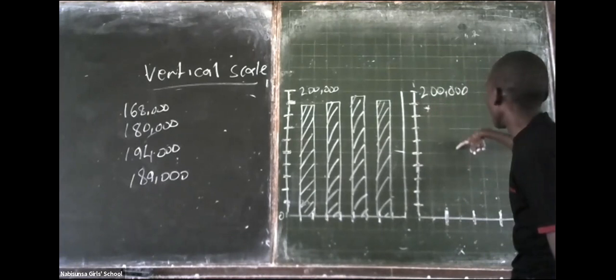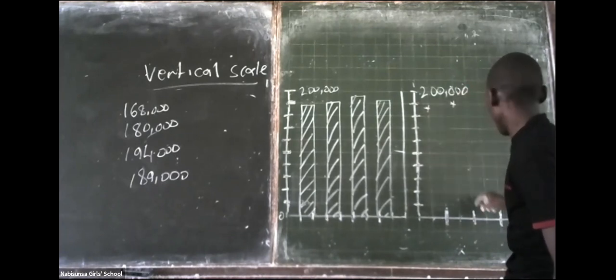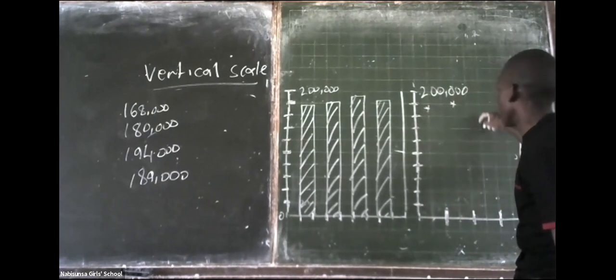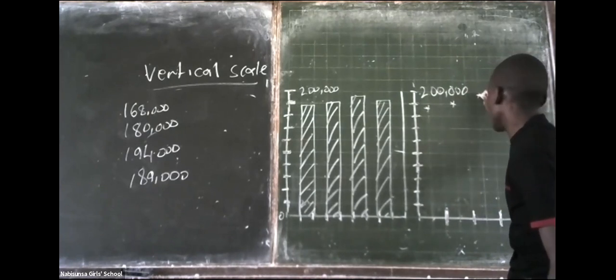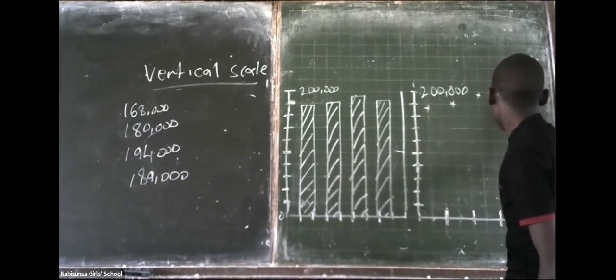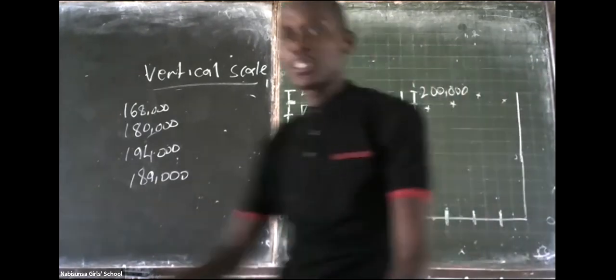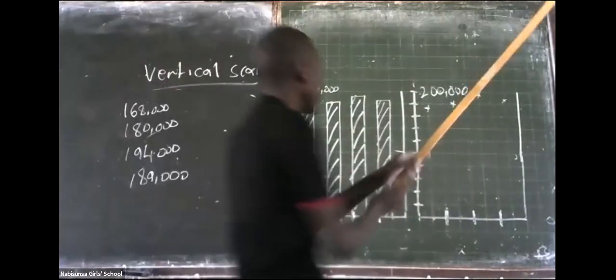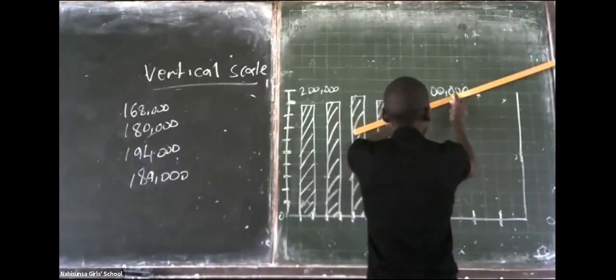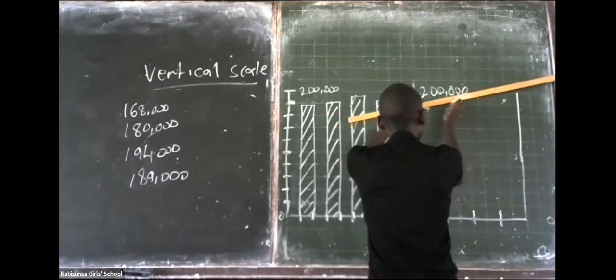Then I come here also. I look for that level. It is here. Then I come here. I look for that level. It is here. Then I come here. It is here. For this one, you don't use a free hand. You use a ruler. I come, I join.